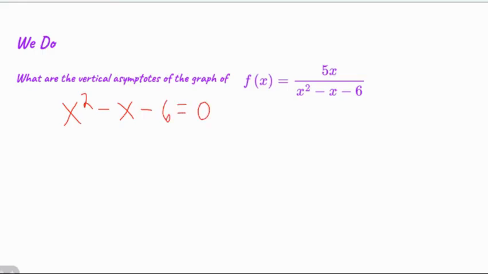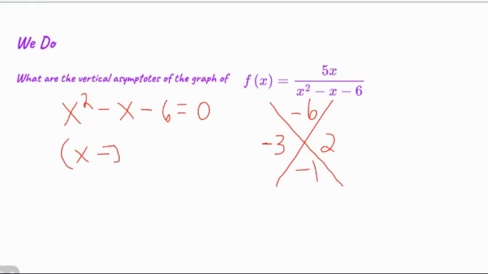Again, use quadratic formula if it's more comfortable for you. But I'm going to use diamond math and factor because I know these are factorable. Negative 1 in the denominator, and so we get negative 3 and positive 2. So x minus 3 and x plus 2 is 0.